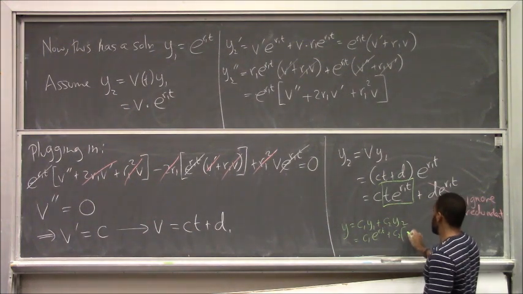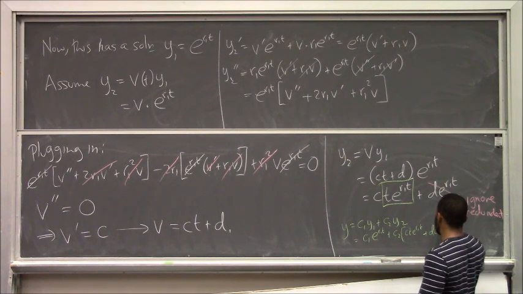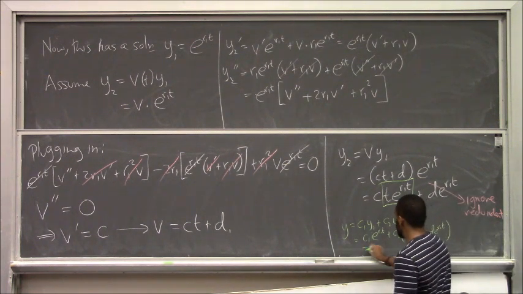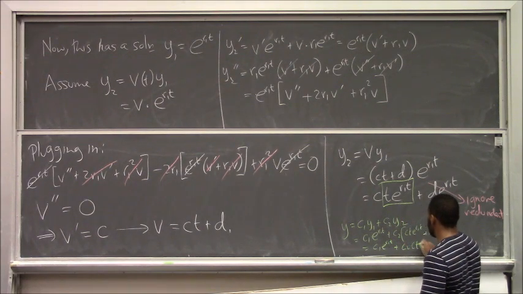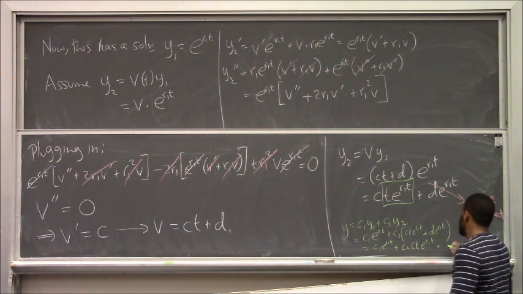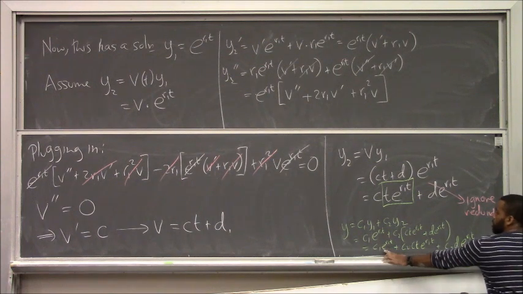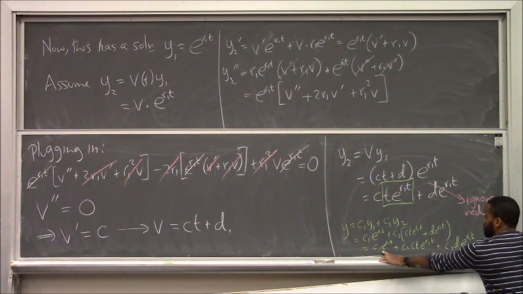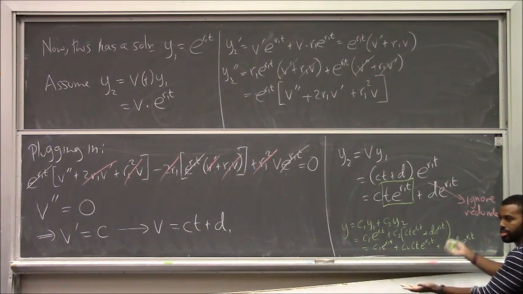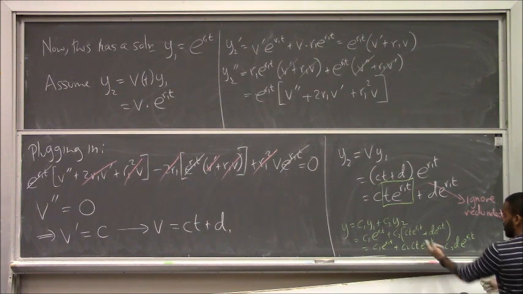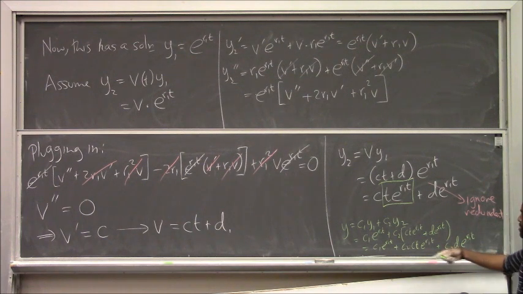It's going to be ct e to the r1t plus d e to the r1t. This is going to give us c1 e to the r1t plus c2 times ct e to the r1t plus c2 times d e to the r1t. Now this I can just combine, right? That's going to be c1 plus c2 times d, all that times e to the r1t, which is just some other constant. Relabel it c1. And then I'm going to be left over with the c2 times c t e to the r1t. So this guy never really contributes anything.